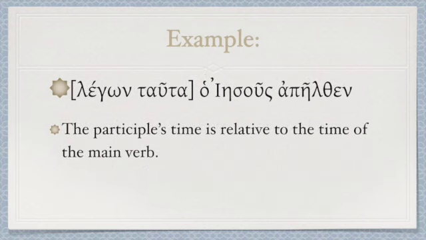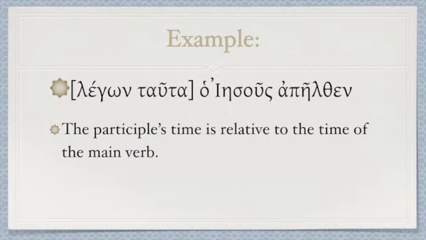And so the participle's time is relative to the time of the main verb. And so unlike indicative verbs that have tense and aspect, the participle is only going to have aspect. And so we don't know the time of the action just by looking at the verb.